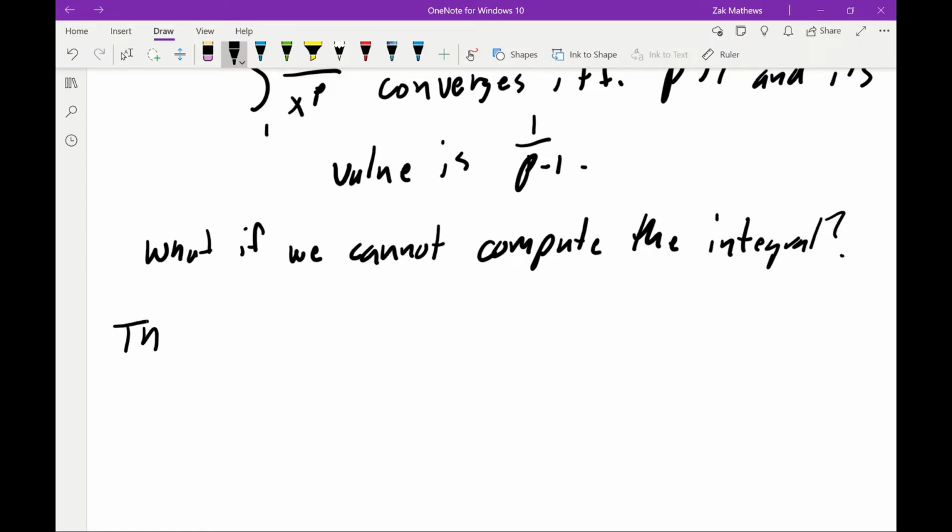So let's talk about these tests and their theorems. The first one is the direct comparison test.